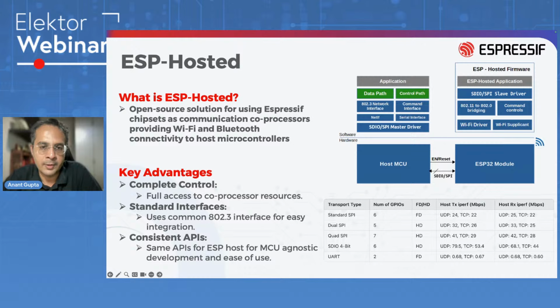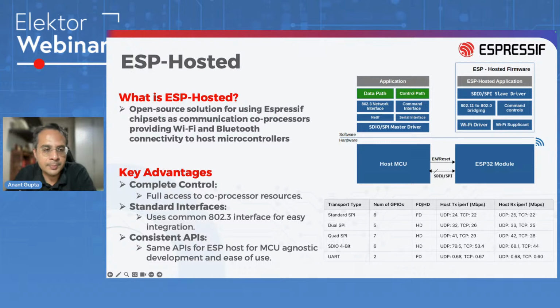On a quad SPI, we are at 41 Mbps, whereas if you use an SDIO, we can go nearly up to 80 Mbps on the UDP and 50 plus Mbps on the TCP. With the UART, we are below the Mbps range, which is expected because, of course, the UART has a lot of overheads to run, and it's a slow interface inherently, right?